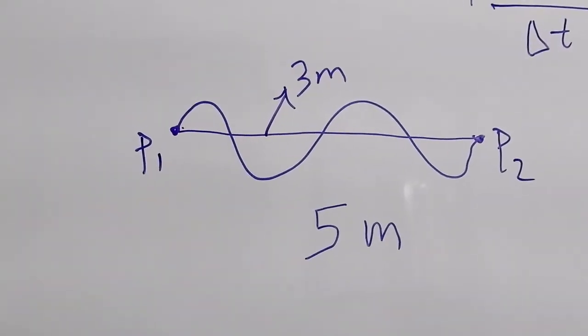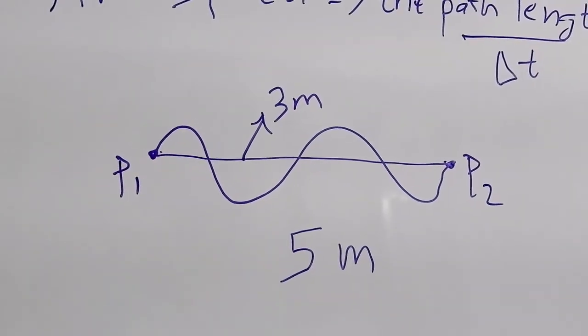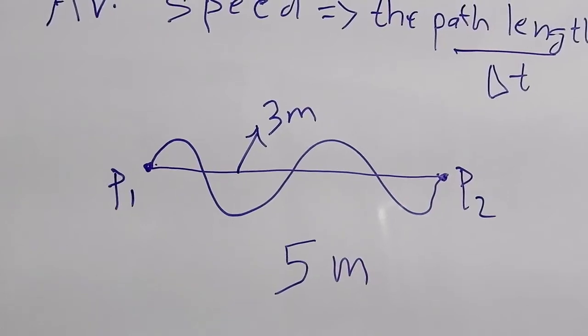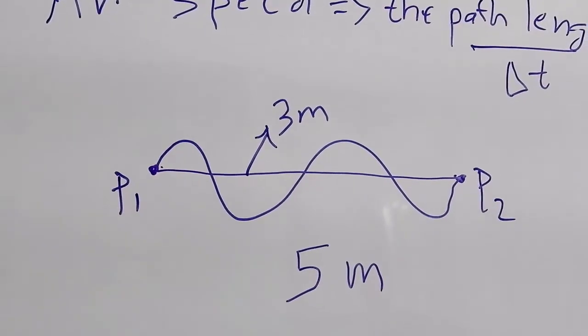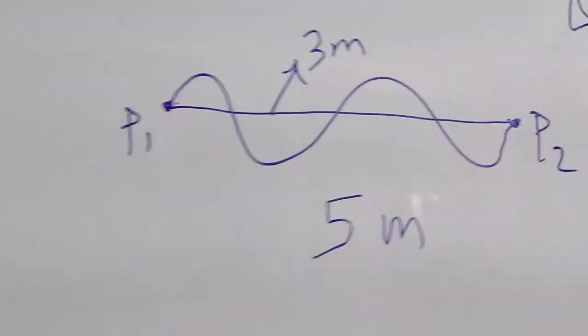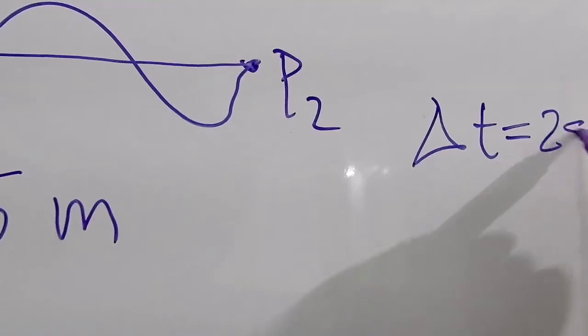So the average velocity is related to displacement, or 3 meters here. Let's say time taken is 2 seconds, let's say delta t equals 2 seconds.